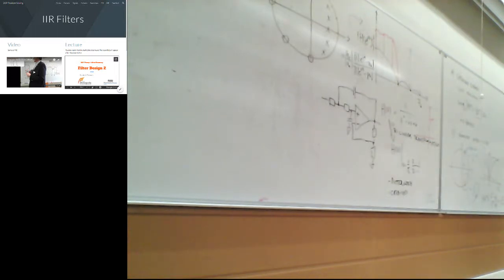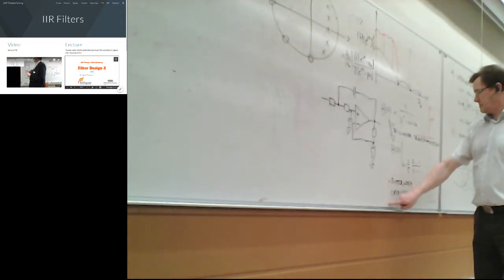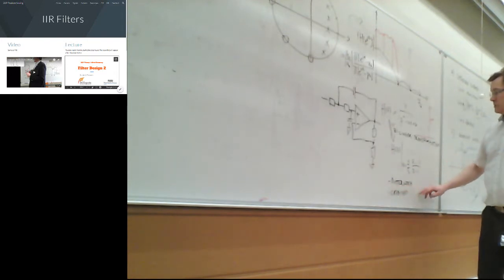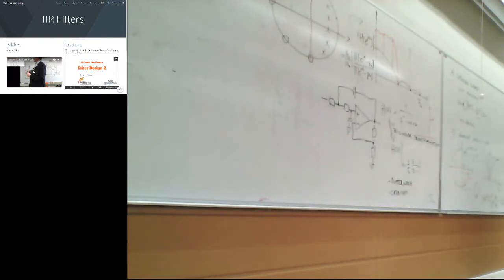Maybe. Then we'll take a look at how to use the tools to design minimum order classical filters in digital domain. If you want to, you can always use the FDA tool for the designs.